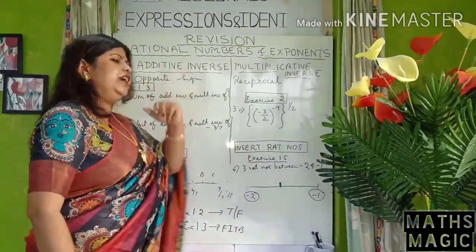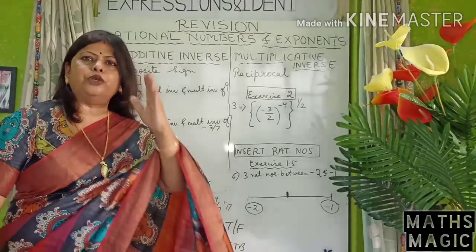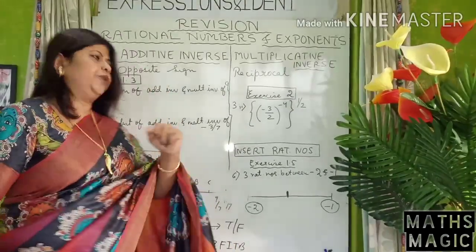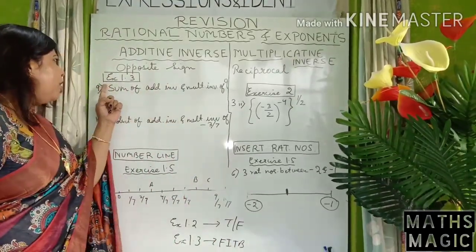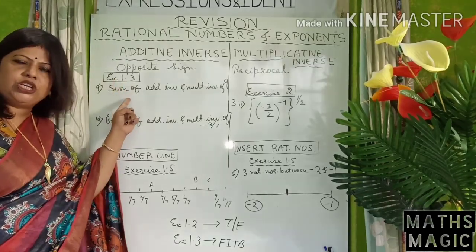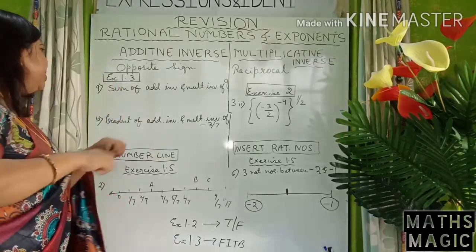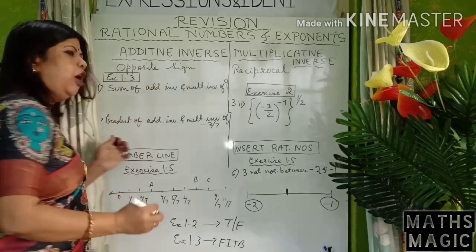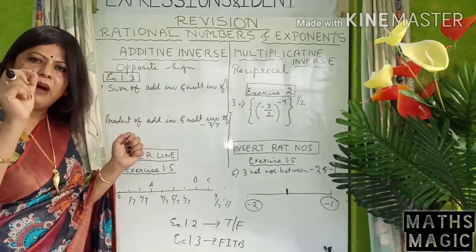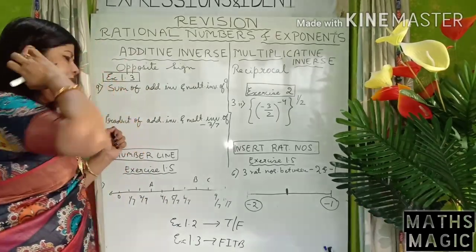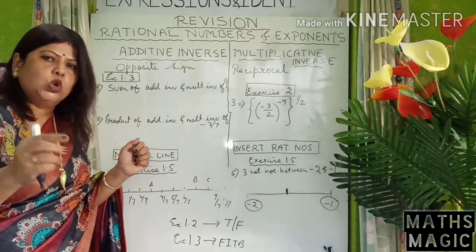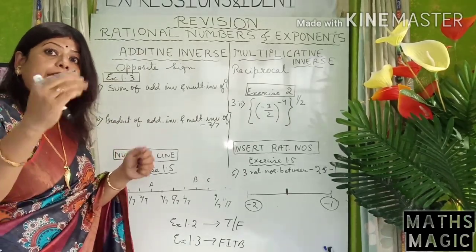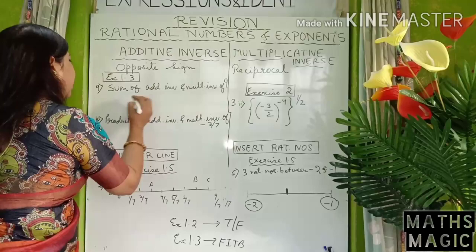When we come to additive inverse, children, I have told you opposite sign. Let me do a question. I am doing from exercise 1.3 question number 9. Question number 9 says, what is the sum of additive inverse and multiplicative inverse of 9? I have told you, I am going very slow. Additive inverse of 9, opposite sign, that means what?